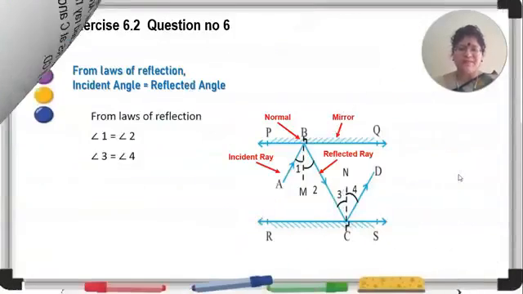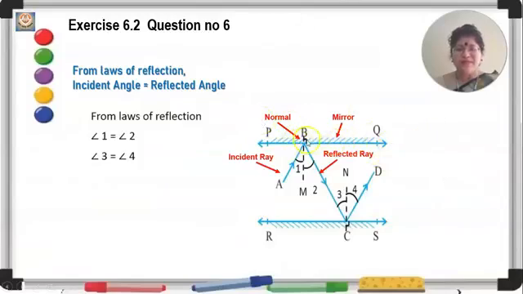Look at the slide here. This is the normal, okay, that is BM is normal here, CN is also called the normal. This is the incident ray touching the mirror AB, this is getting reflected back, and this is CD, which is again getting reflected. Now I have mentioned this as I and this is mentioned as R. That means incident angle and reflected angle, these two angles will be congruent.